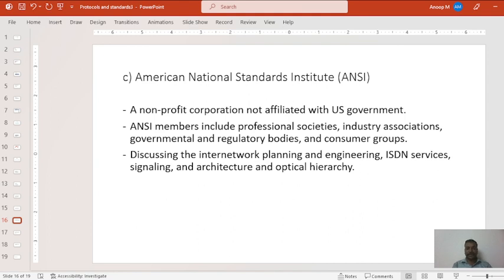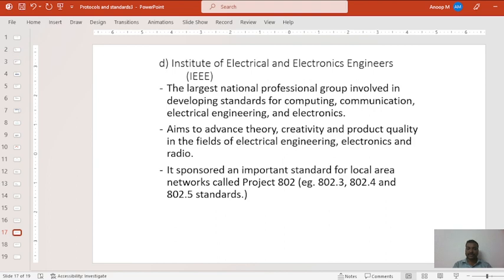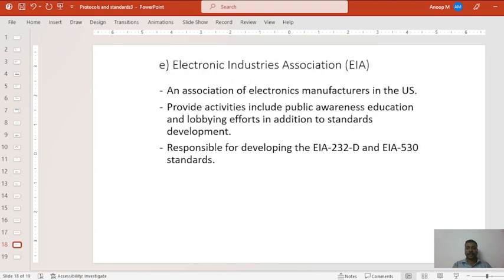IEEE is mainly used for computing, communication, electrical engineering as well as electronics. It advances theory, creativity and productive quality in the field of electrical engineering, electronics and radio. We are using Project 802, with the 802.2, 802.3, 802.4 and 802.5 standards. All these come under IEEE standards.